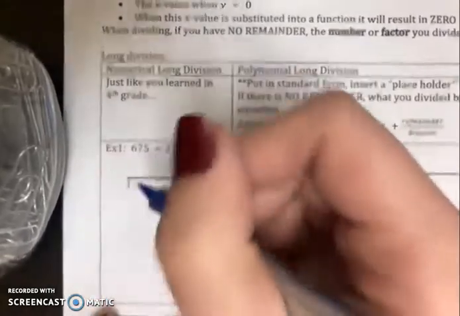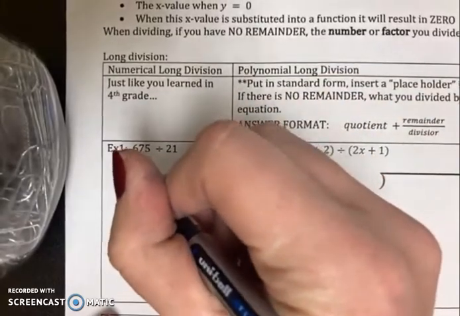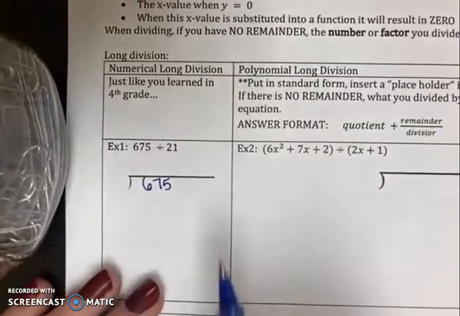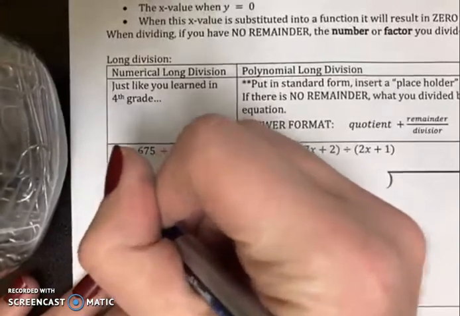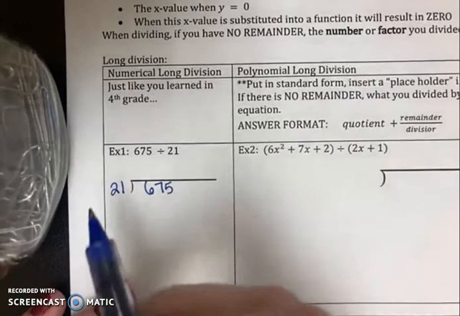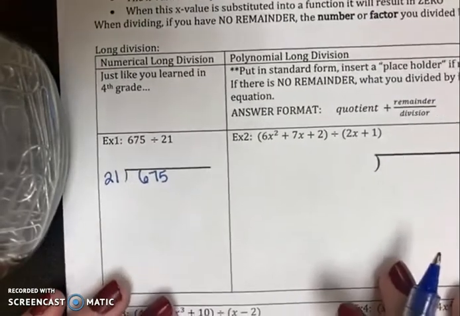What we would like to do is we take the number that we're dividing, so 675, and I put it here, and then the number I'm dividing by would go on the outside. And then we just ask ourselves, how many times does 21 go into 675?